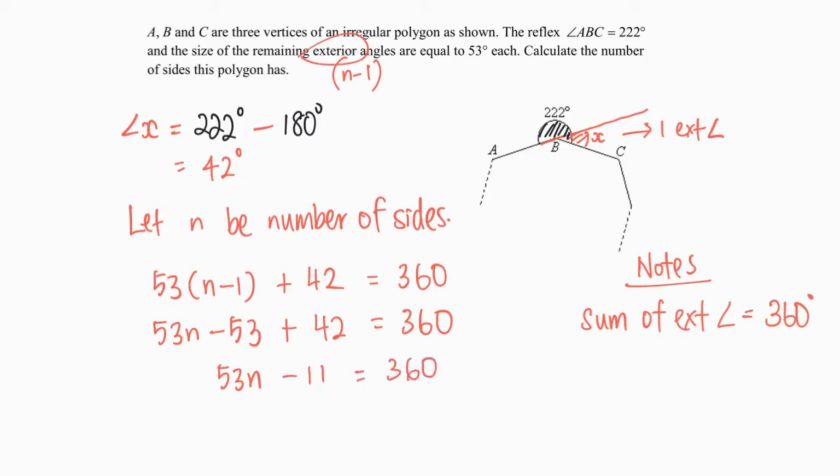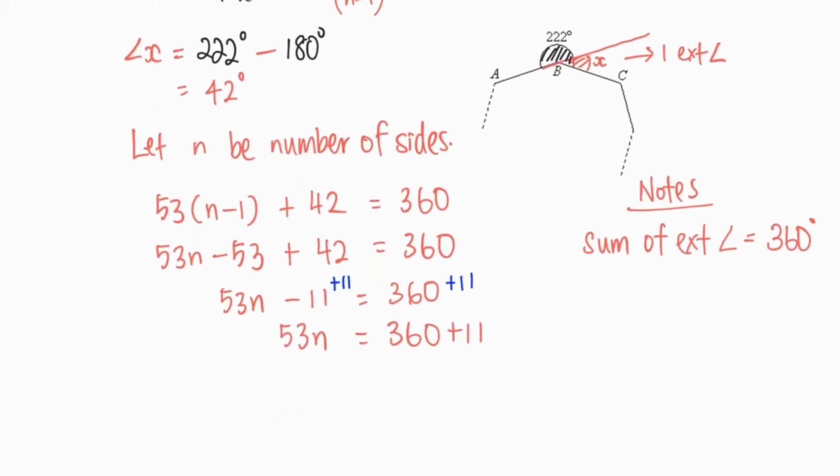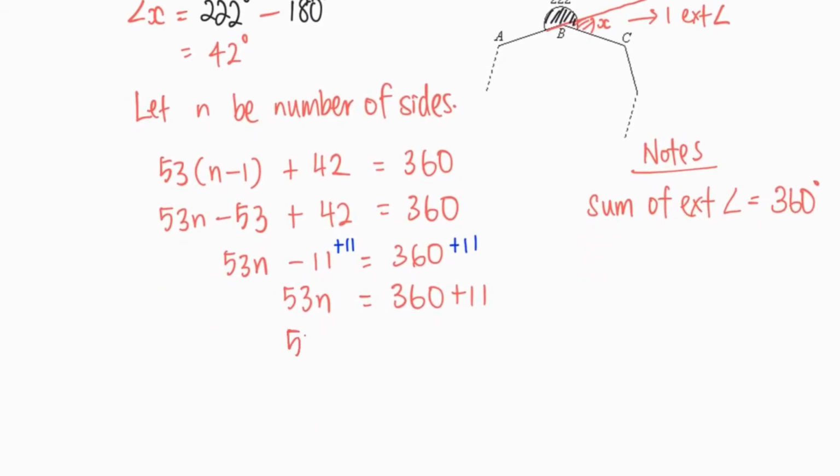Then I will be adding 11 to both sides, so that I'm left with 53n. And here, this part here, you will see me adding 11. Let me shift it to create more space. And therefore, final answer, divide by 53 on both sides. And there you are. 7.